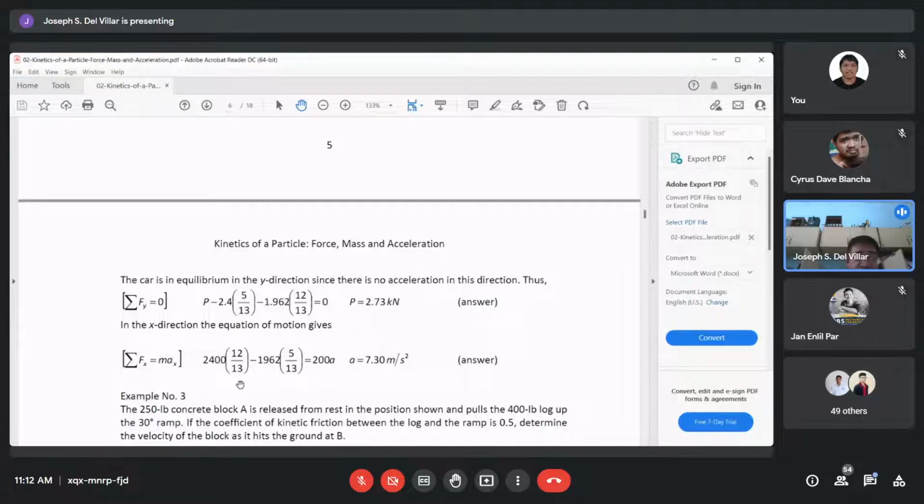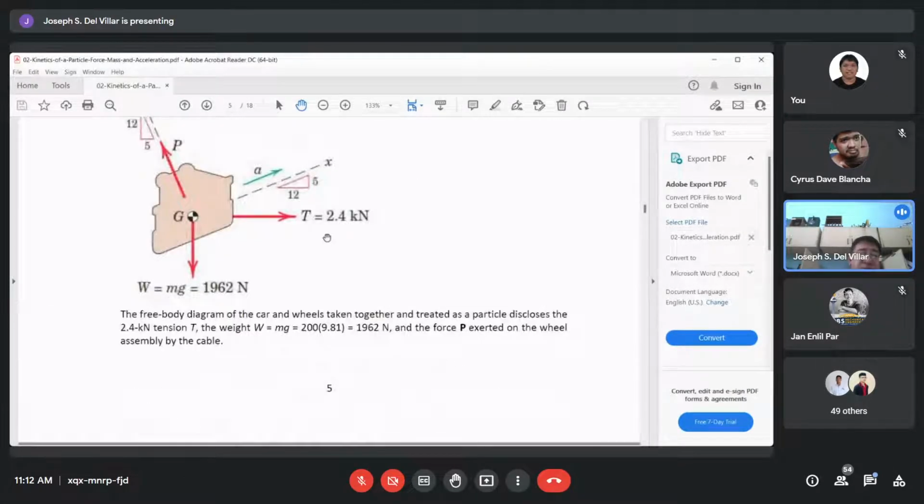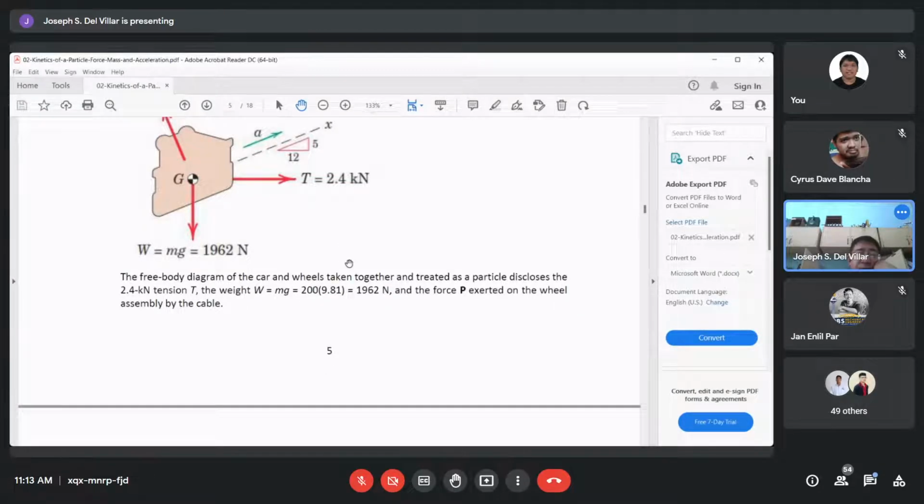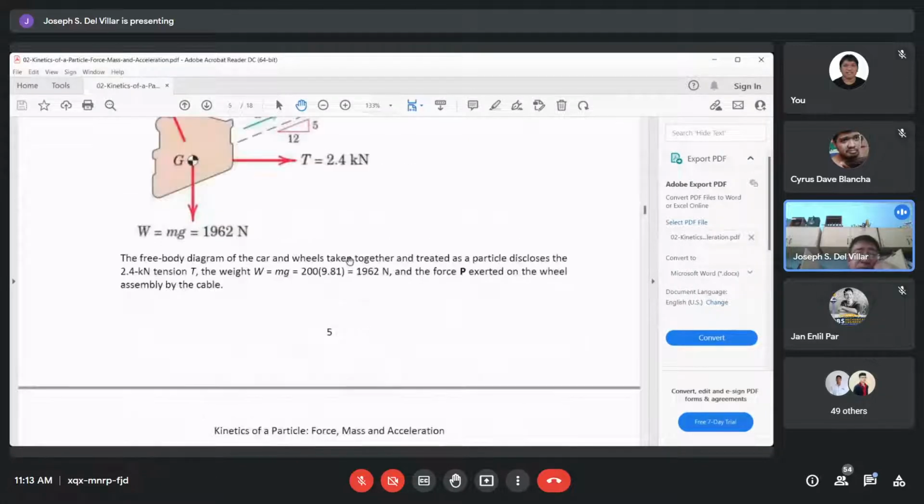So what are the forces along X? Going back to the tension, let's get its X component. What is its X component? 2.4 times 12 over 13.